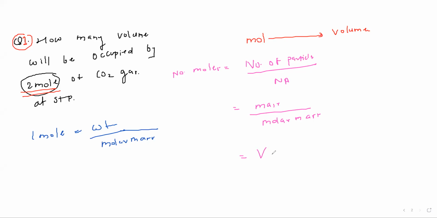So, volume in liters occupied by gas at STP, standard temperature and pressure, upon 22.7.